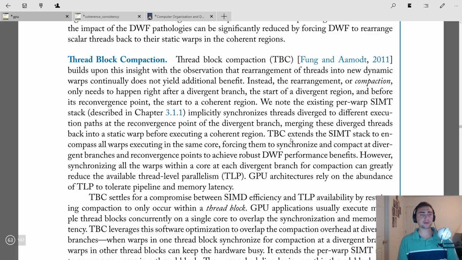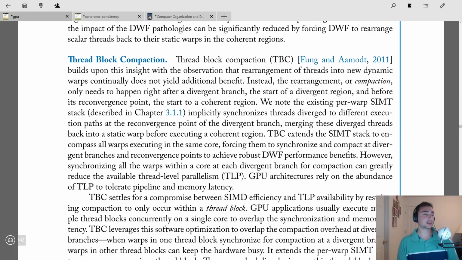So thread block compaction extends the SMT stack to encompass all warps executing in the same core, forcing them to synchronize and compact at divergent branches and reconvergence points to achieve robust dynamic warp formation performance benefits, right? So we're kind of broadening the scope of what the SMT stack is managing instead of being very local per warp.